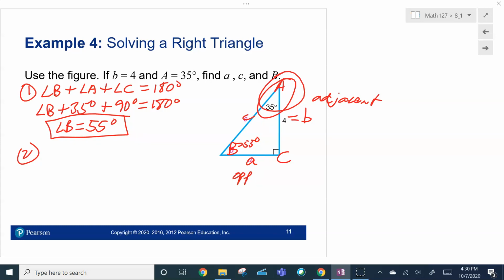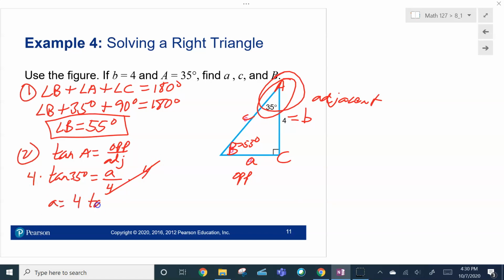I know tangent is opposite over adjacent. So the tangent of 35 degrees is opposite a over the adjacent side, which is b, which is 4. Now I multiply both sides by 4. So a is 4 times the tangent of 35 degrees.